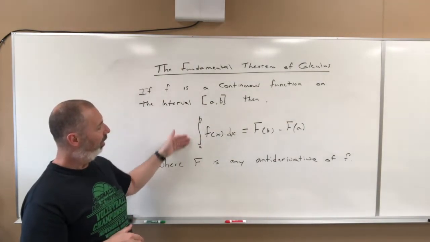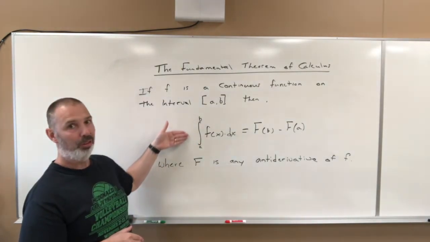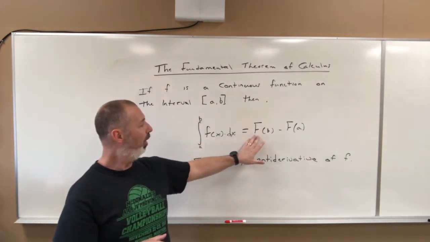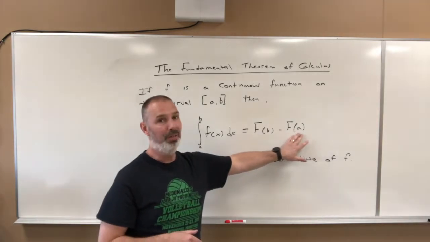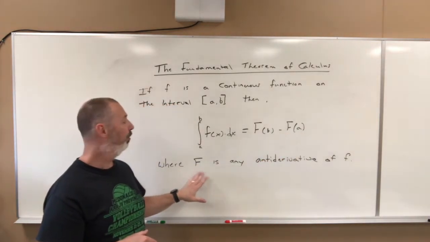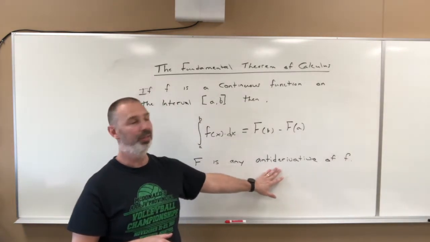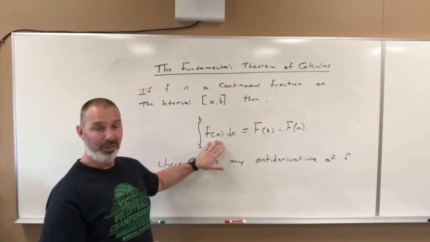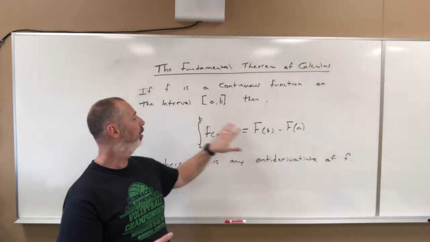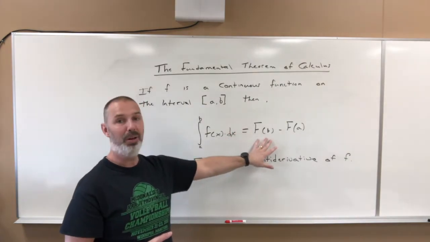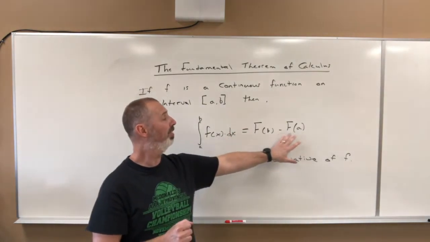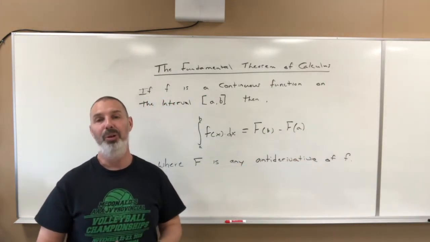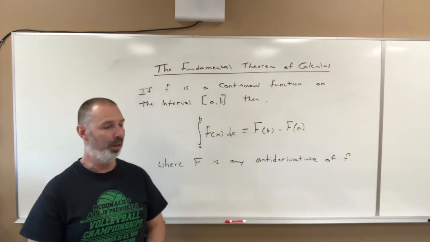Then the integral, and this is some notation, again, I'll talk about this notation momentarily. The integral of f of x equals capital F of b minus capital F of a, where capital F is any antiderivative of f. So we have a function f, we're going to take the antiderivative of it, and then the antiderivative with b in for x, minus the antiderivative with a in for x, will give us the definite integral, the area under the curve, whatever it might be.